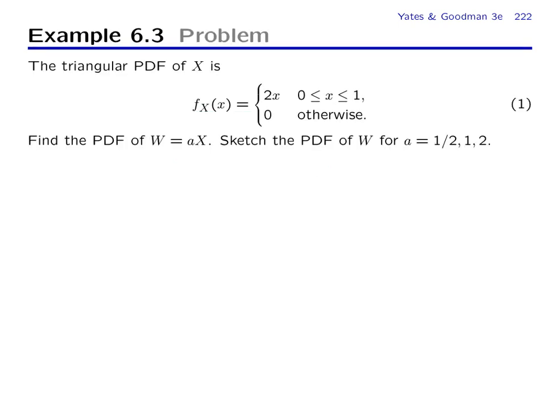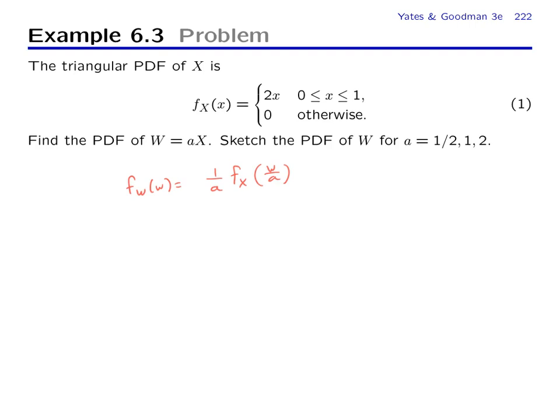So this example demonstrates the theorem, and using the theorem, we have directly that the PDF of W is 1 over a times the PDF of X at w over a. This is not quite as simple as it looks.